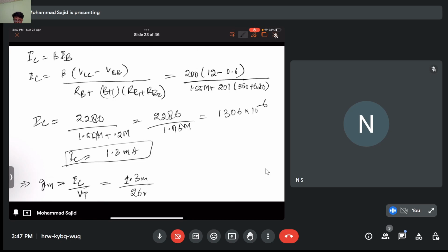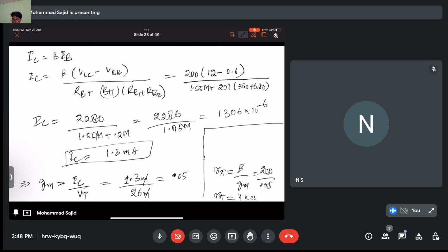That is 0.05. And r pi is beta by gm. Beta is 200 and gm is 0.05, so my r pi is 200 into 100 divided by 5, that is equivalent to 4 kilo ohm.